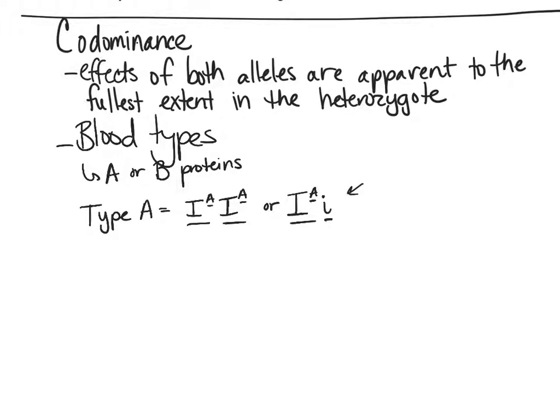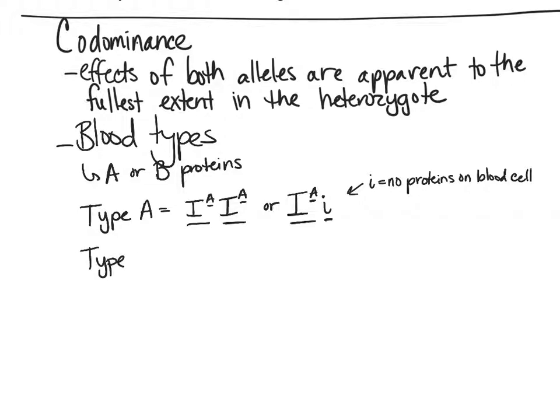And this little i stands for no proteins on the blood cell. So one parent would contribute no proteins on the blood cell, and the other parent would contribute A proteins. In that case, we would see A proteins on the blood cell, so that would be a type A, for example.